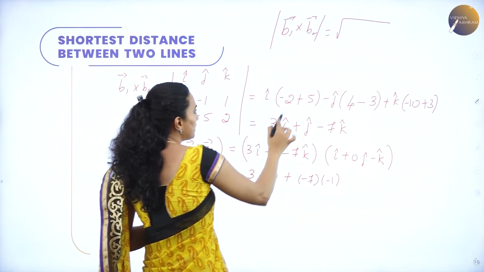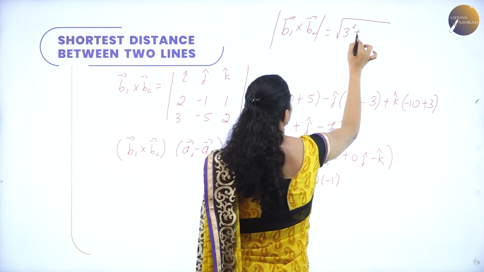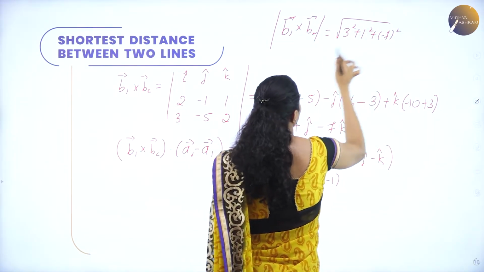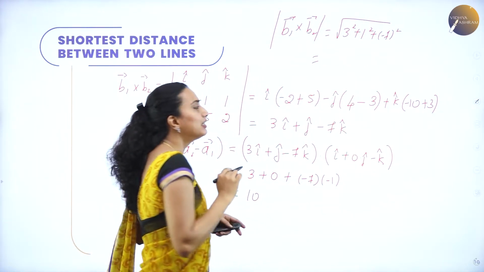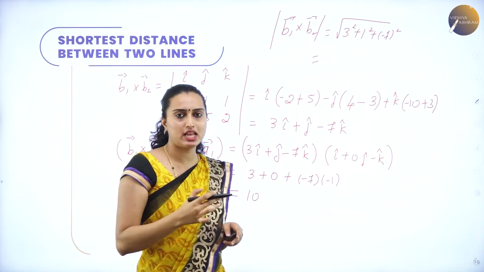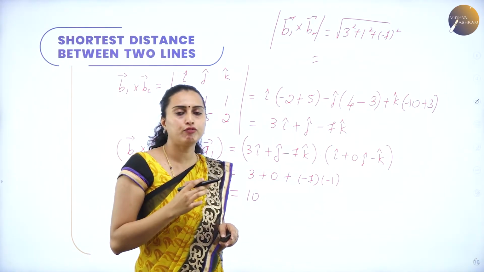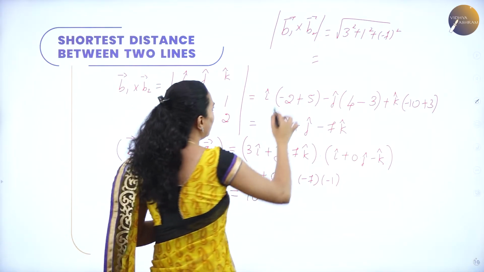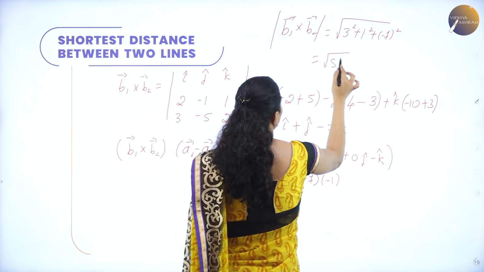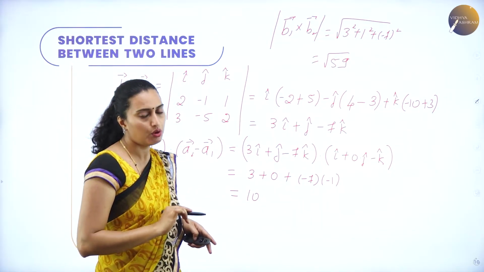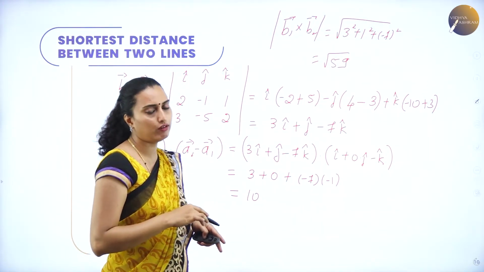So here, 3 squared plus 1 squared plus minus 7 squared. 3 squared is 9, 1 squared is 1, 9 plus 1 is 10, 7 squared is 49, and 49 plus 10 is 59. So the magnitude of B1 cross B2 is the square root of 59. Now you can substitute back into the formula.